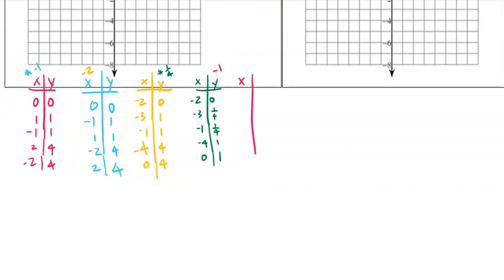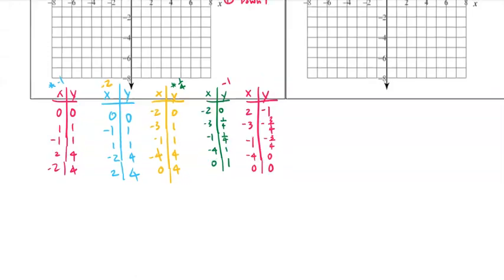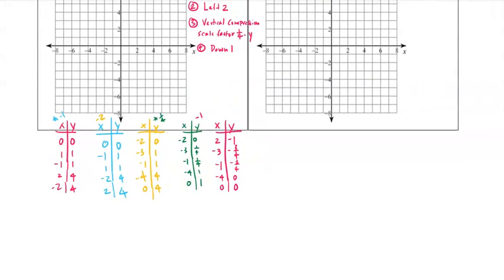So x and y: negative 2, negative 1, negative 3, negative 3/4, negative 1, negative 3/4, negative 4, 0, and 0, 0. Let's go ahead and plot those.